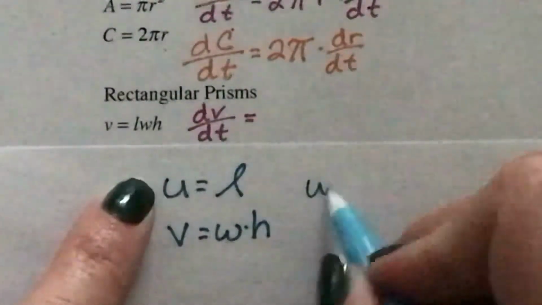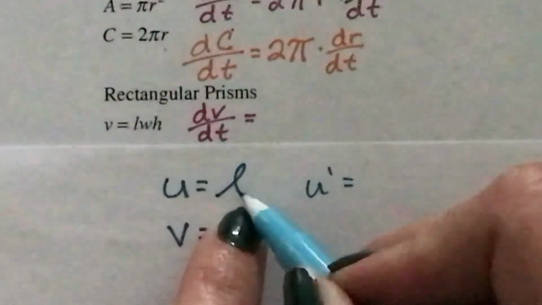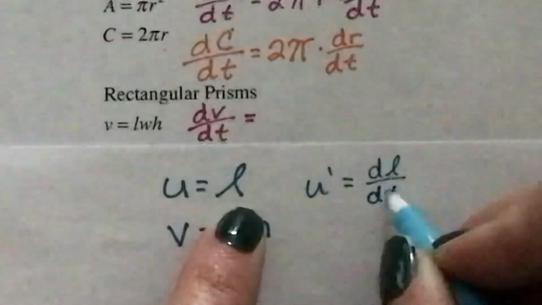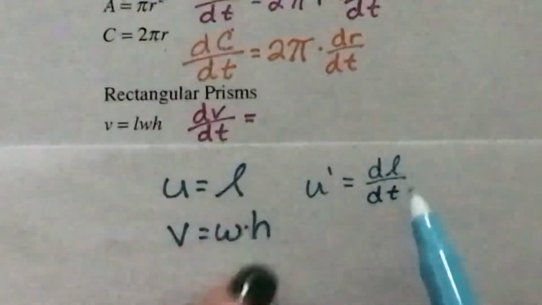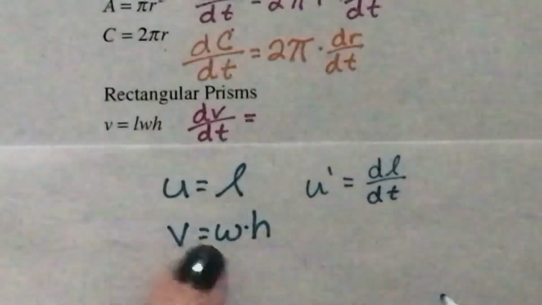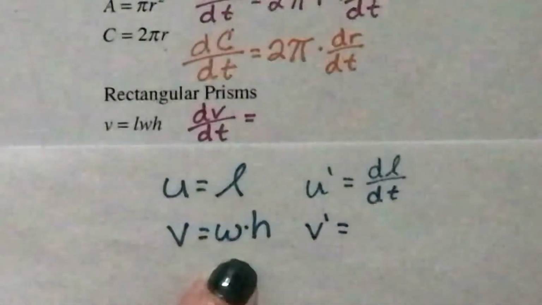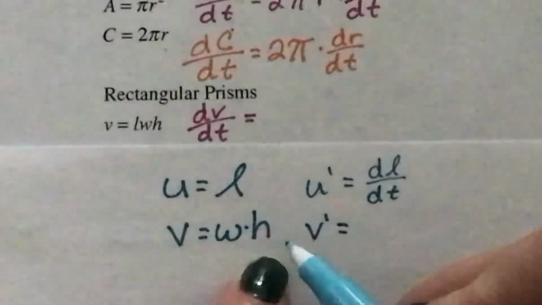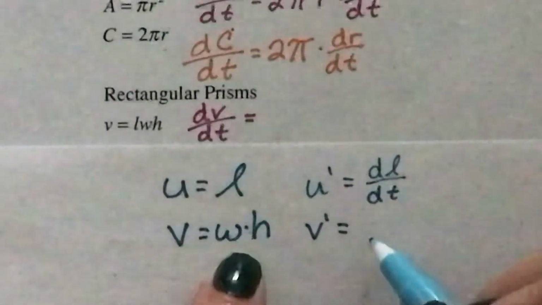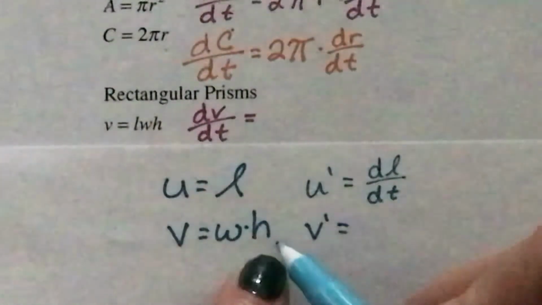Okay. U prime is the derivative of L, and we're taking that derivative with respect to time, so dL dt. I'm doing a weird curvy L so that it doesn't look like a 1. Okay, and then V prime will equal the derivative of W times H. So V needs a product rule when we find V prime. Okay, so normally it's like U prime V plus UV prime.